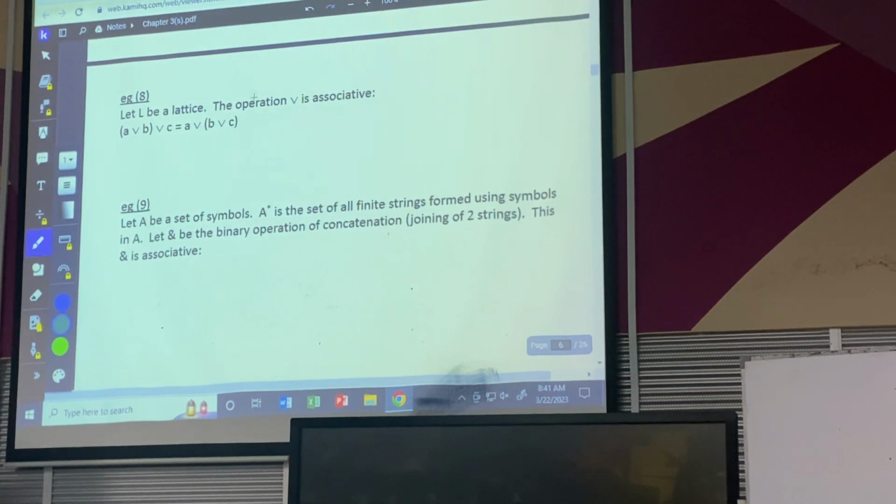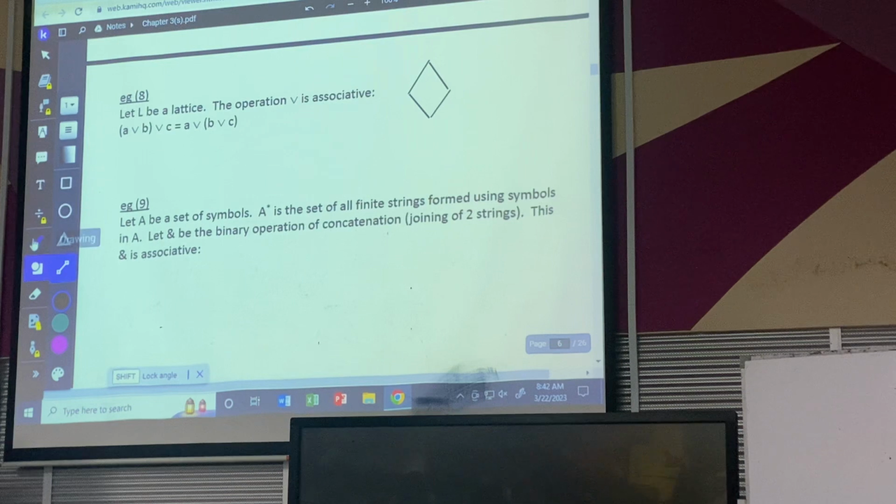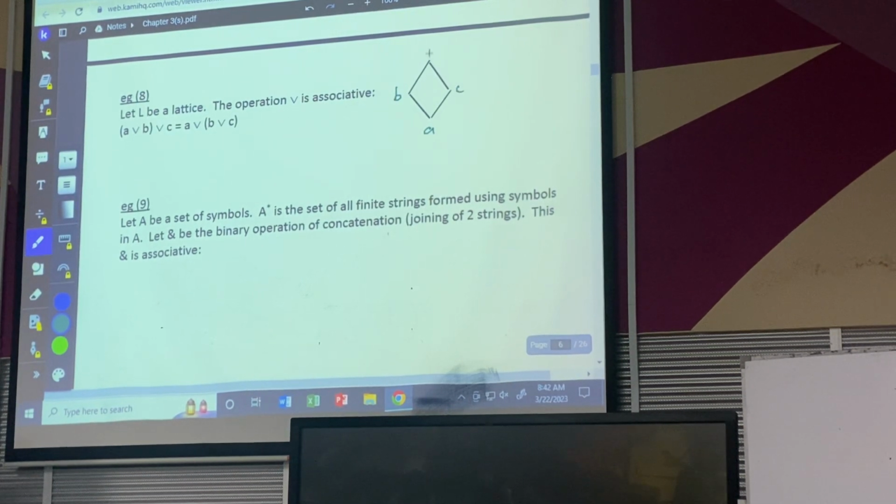So for the Hasse diagram, let's say I have this diagram. When I put the elements A, B, C, D, I take any two elements here.